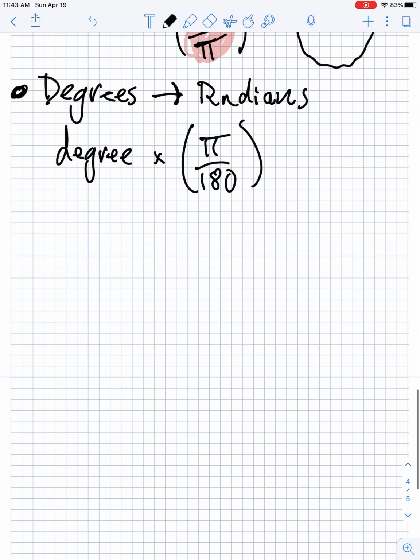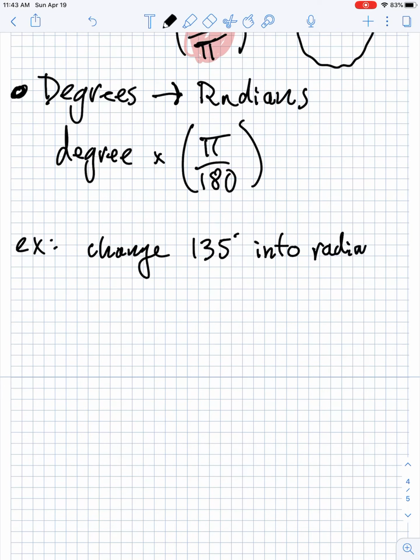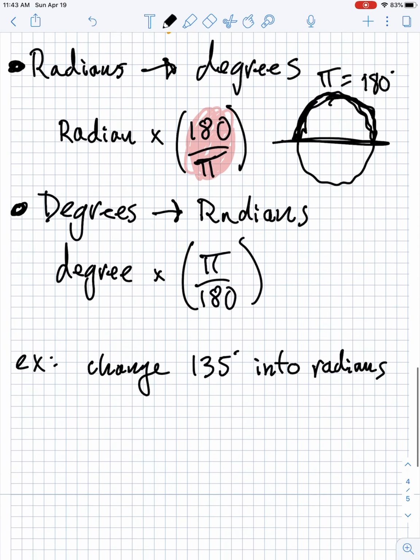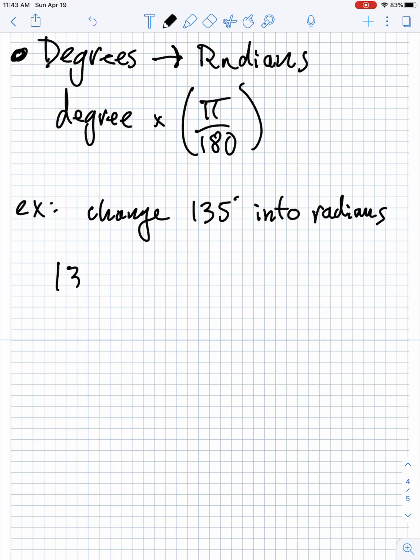A couple examples. Let's say change 135 degrees into radians. Because that is degrees into radians, I'm going to want to multiply by pi over 180. So we do 135 times pi over 180.